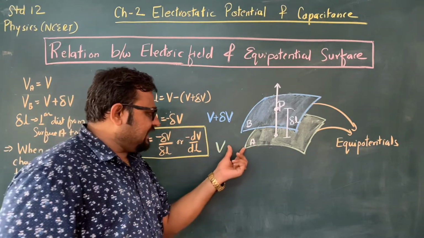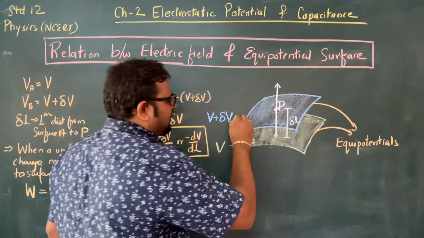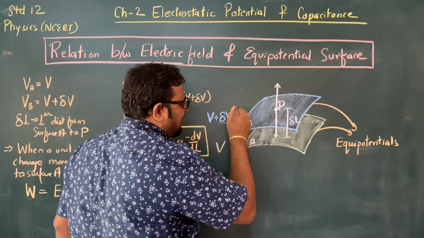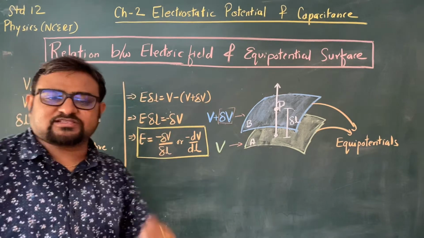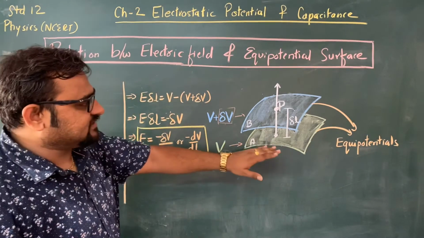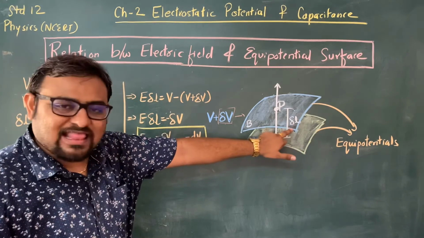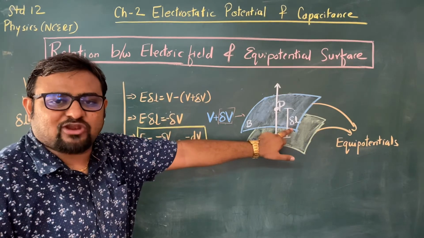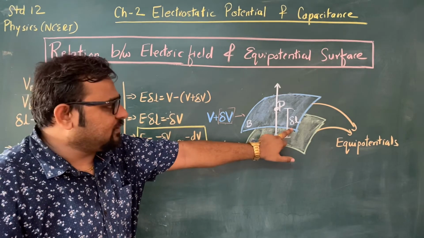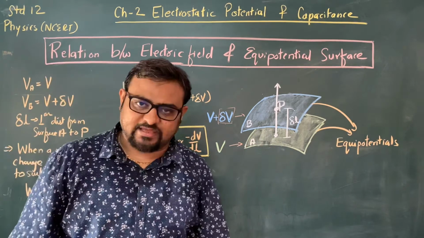The potential at A is V and the potential at B is V plus delta V. Delta V is the difference in potential between surface A and surface B. Delta L is the perpendicular distance from the point P to surface A.